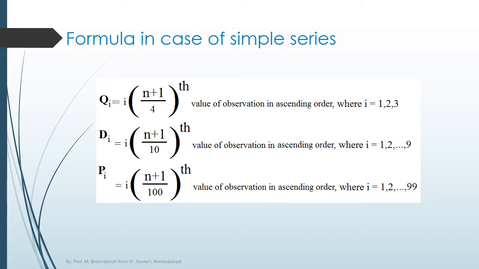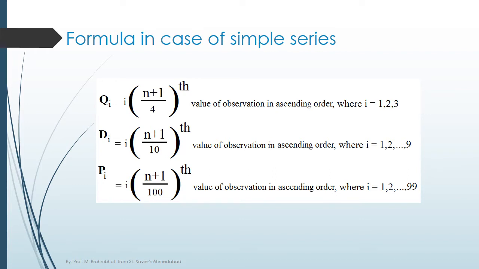Let's see the formula for quartile, deciles and percentile in case of simple series. The quartile is denoted as Q1, Q2 and Q3, deciles are denoted as D1, D2 up to D9, and percentile is denoted as P1, P2 up to P99.